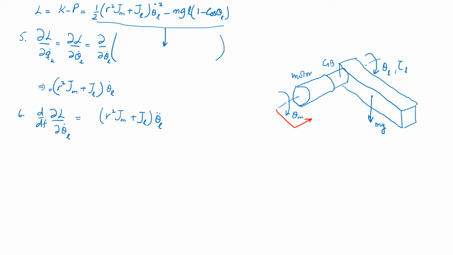Moving on, you can move to step number 7, which is going to be partial of L by partial of theta L now, which is the generalized coordinate in our case. So that is going to be very simply structured once again using the expression of the Lagrangian that we have already listed.